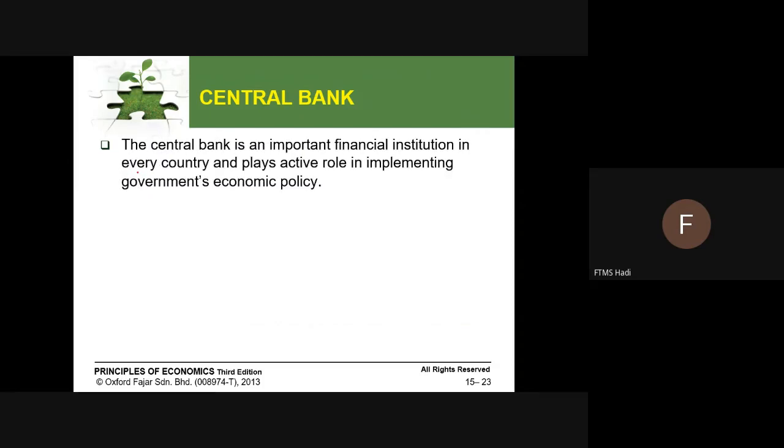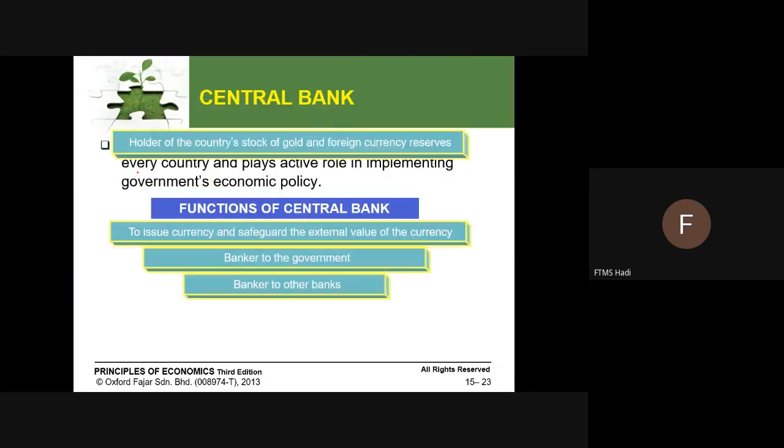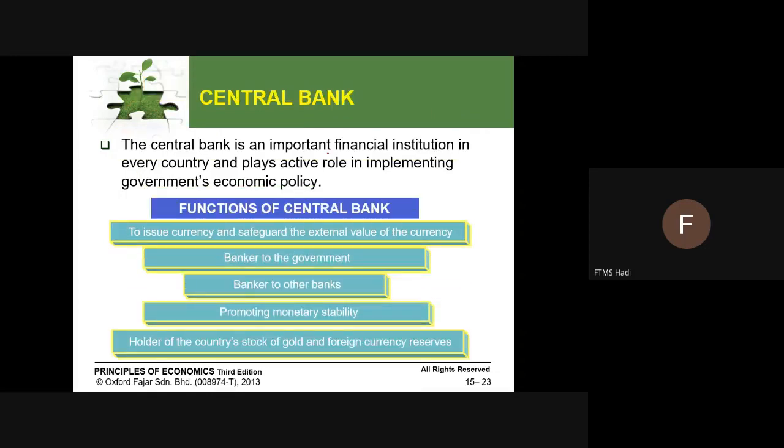Central bank, we already highlighted that it is an important financial institution of every country and plays an active role in implementing the government's economic policy.